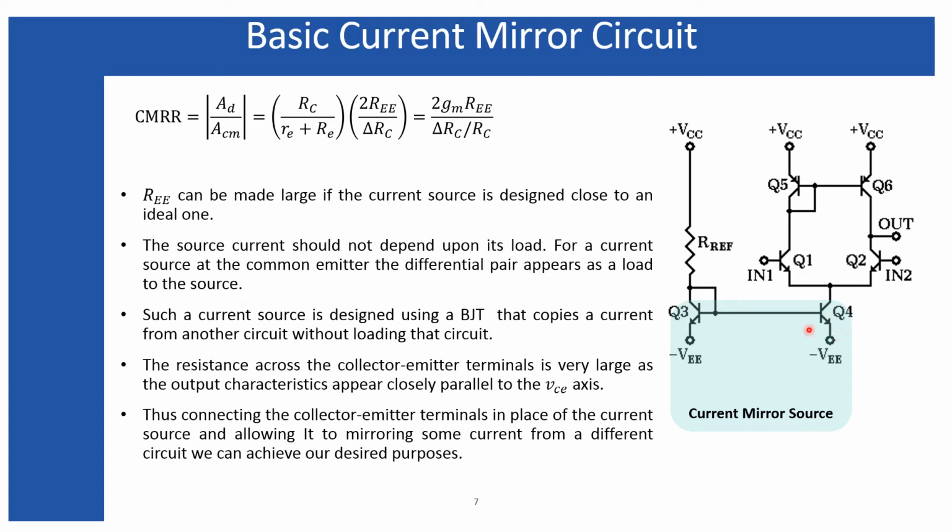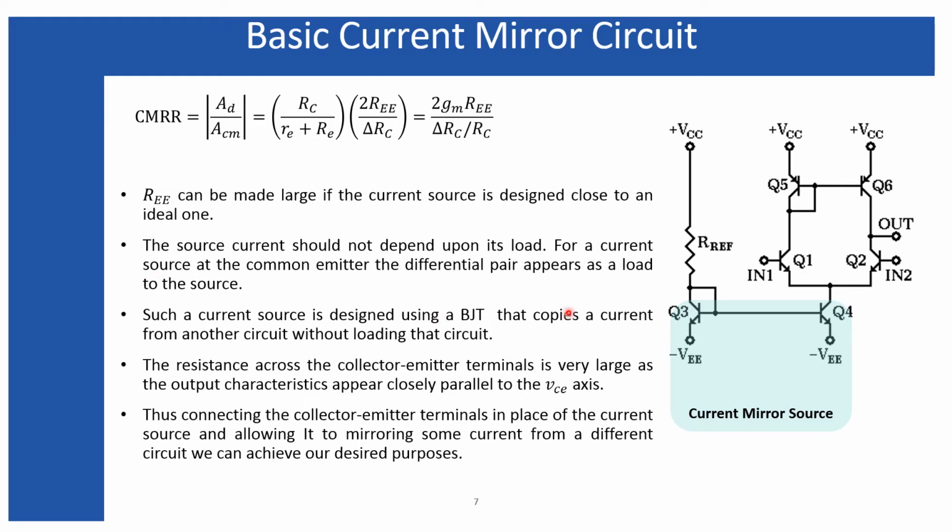The second condition is that since transistor Q4 is copying the current from transistor Q3, the copy mechanism should be such that Q4 must not load Q3. This means that by varying the parameters of Q4, we can vary the current through Q4, but that variation must not be reflected over here.